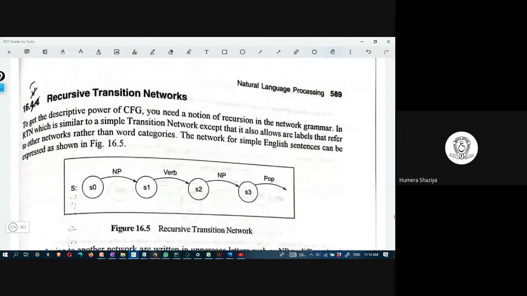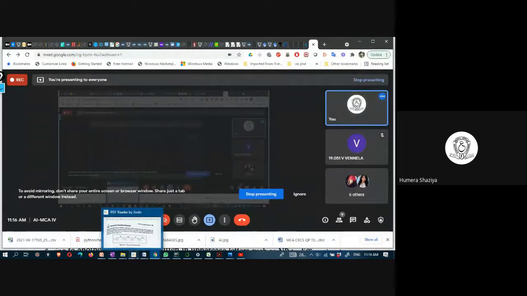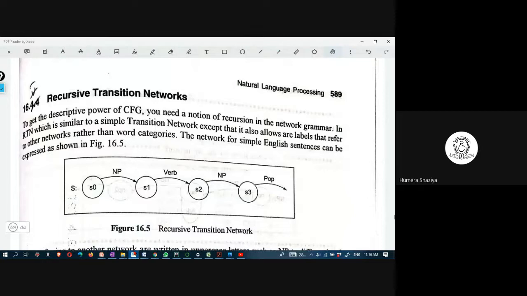Recursive transition networks are an extension to the simple transition network and they support recursion in a language or a sentence. We can say that more complex structures or sentences could be parsed through a recursive transition network. A recursive transition network, RTN, structure is given.